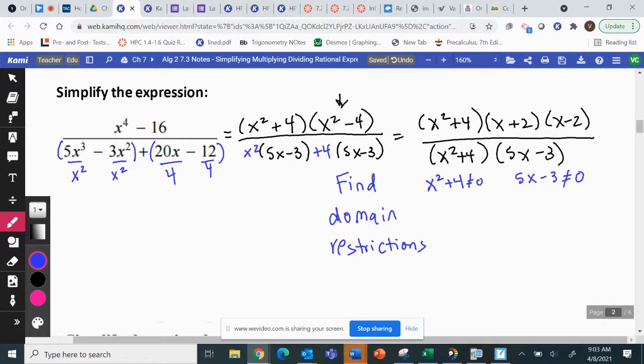Now, if I solve each of these, this one would be x squared does not equal negative 4. Then I'm going to square root both sides. I'll have to have a plus minus. What am I going to get here? Nina, do you remember the square root of negative 4?